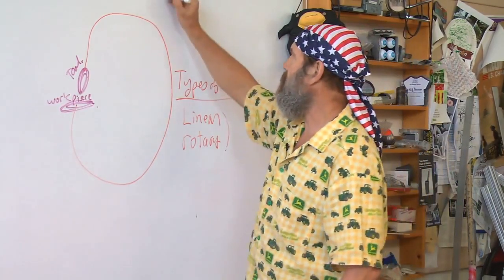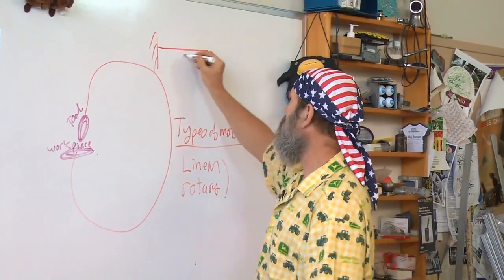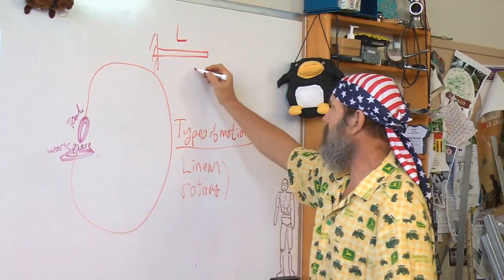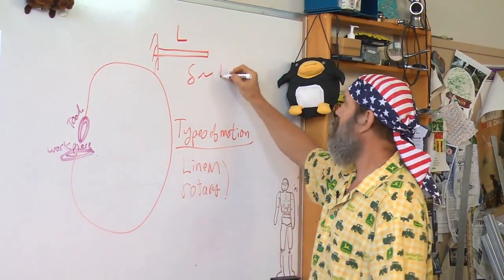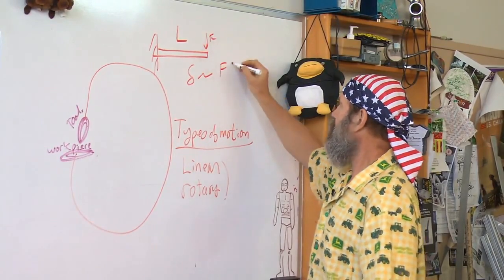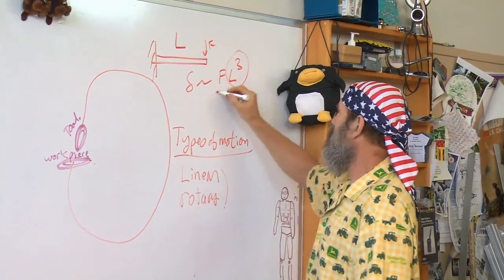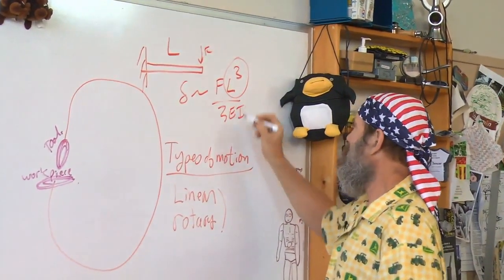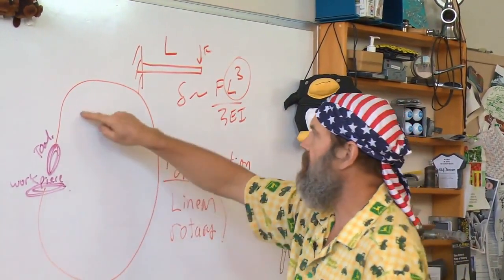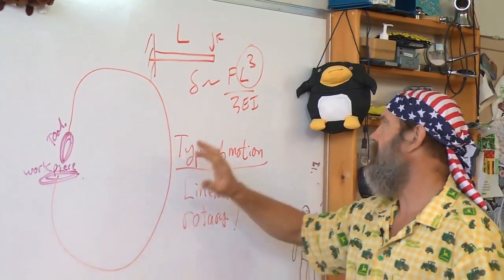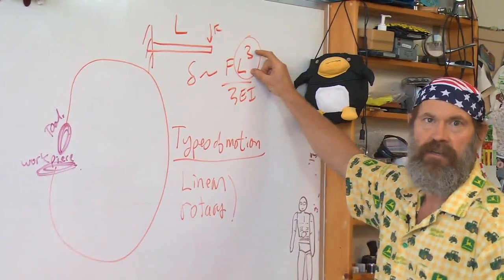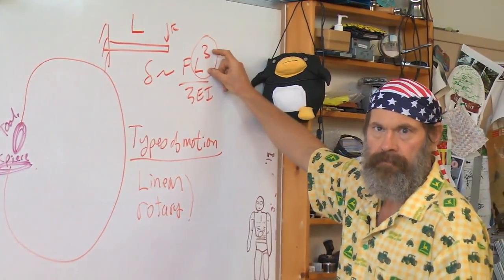Remembering the lesson from a normal cantilever beam of length L, that the deflection goes like FL cubed over 3EI. So the structural loop length typically has a cubic effect on the stiffness of the machine.